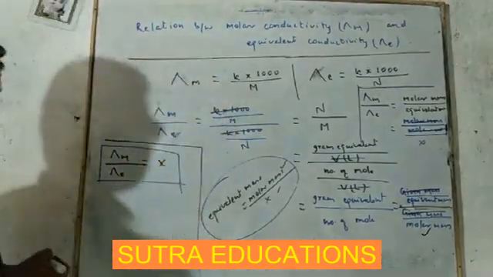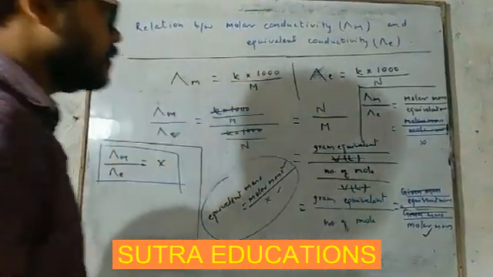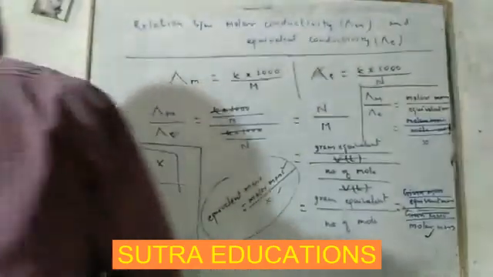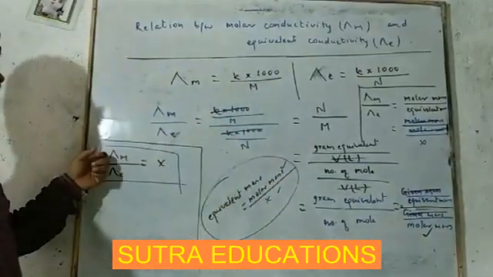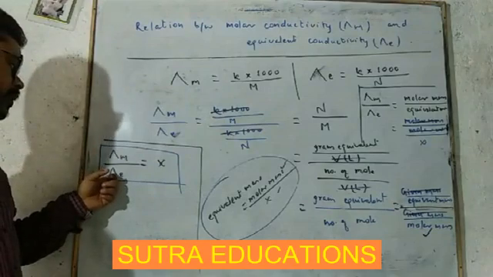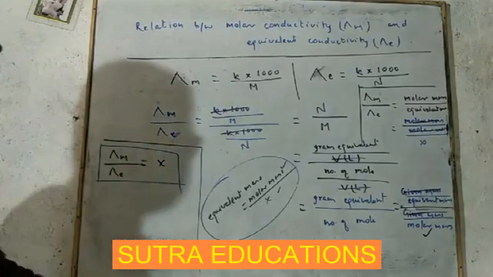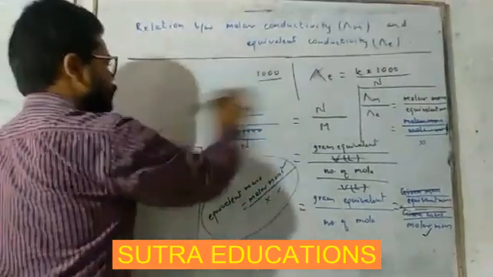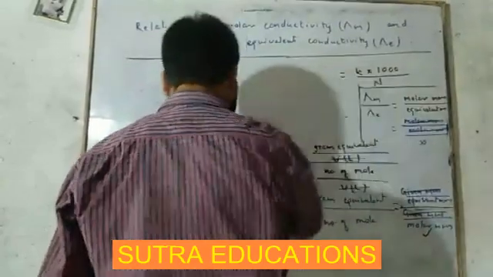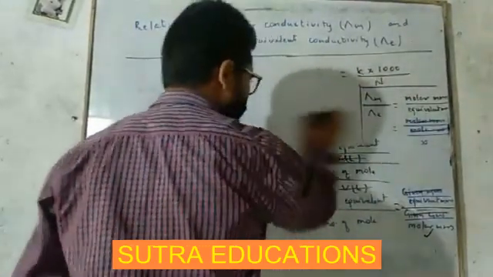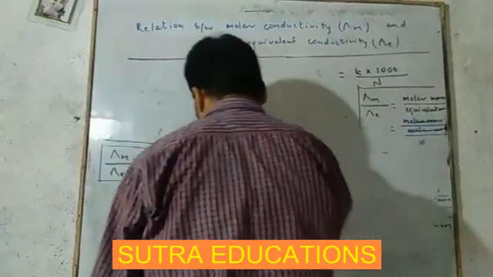What is this x? We have discussed this earlier. Final relation: molar conductivity upon equivalent conductivity is equal to x. Now come to what x is.